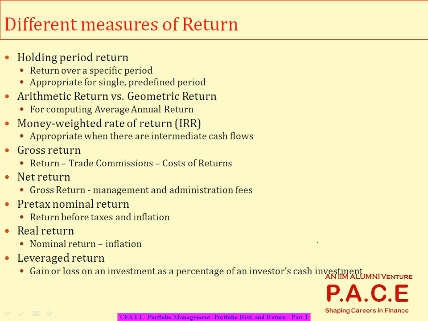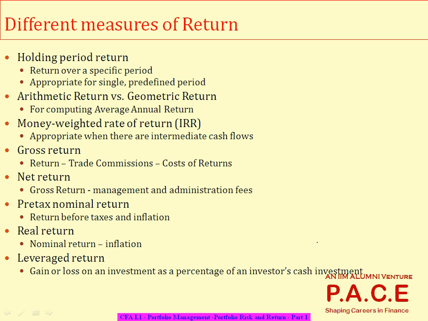So the most common forms of returns being your holding period, arithmetic. So holding period return, especially when you are having it for a single period, we look at it as a holding period return. If I buy now, sell after some time, holding period return is appropriate. But if I am looking at it as an annual return or something, then either arithmetic mean or geometric mean is appropriate.